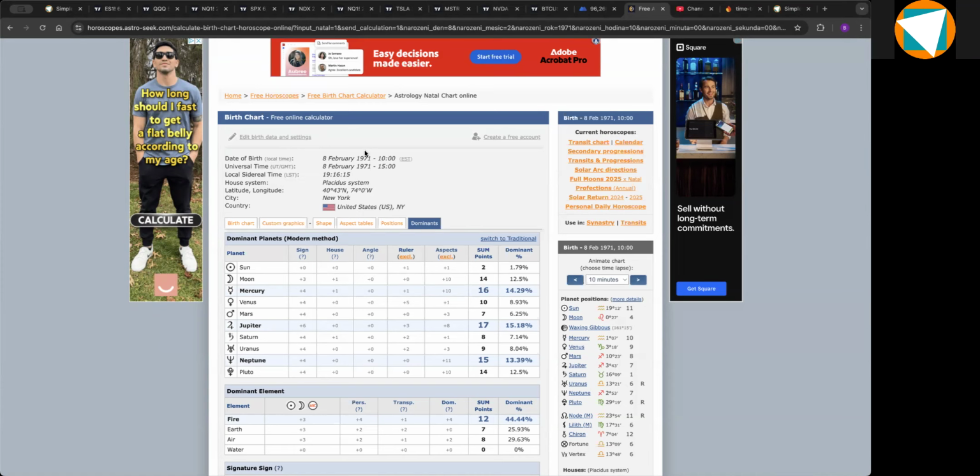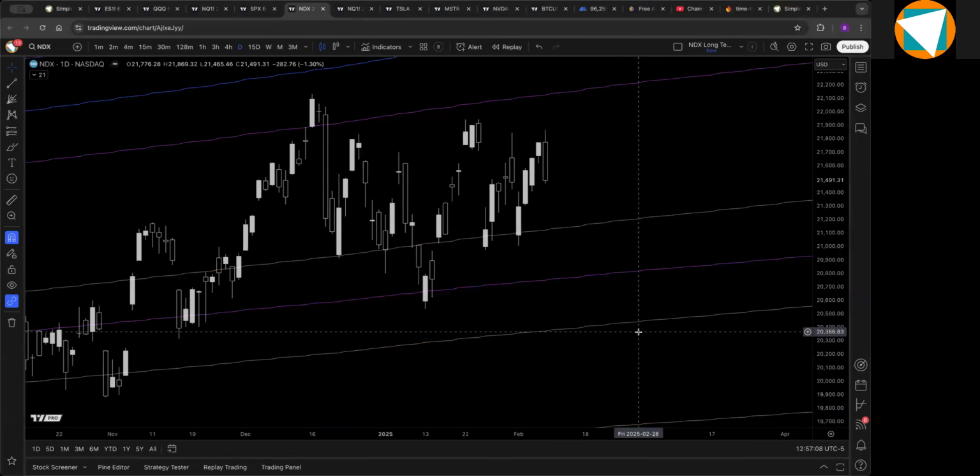You can put in the natal date of whatever you want to trade, whether it's a currency or a crypto or an individual stock. And this will guide you to the planets that are most influential on that stock, and then you can very quickly visualize them using the Time Trades Toolkit.